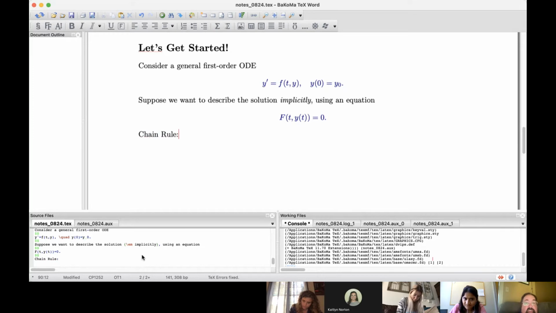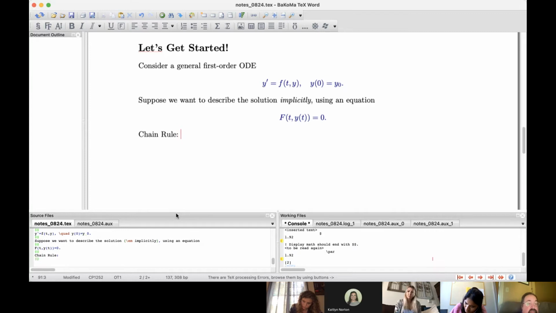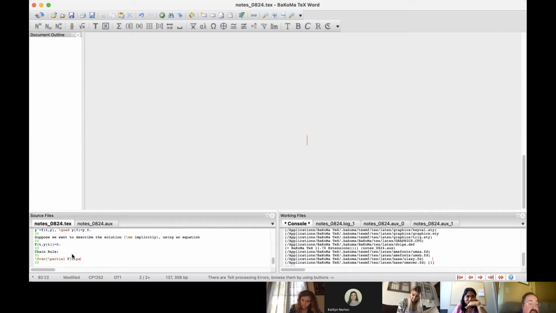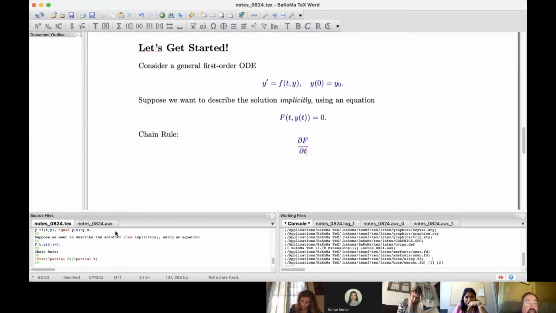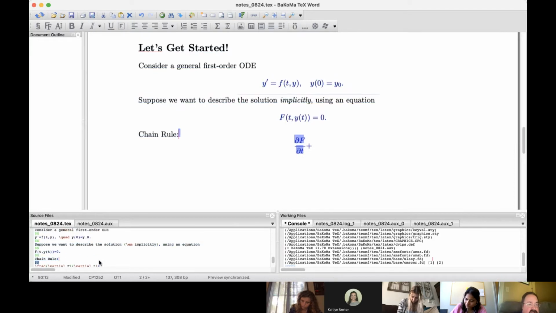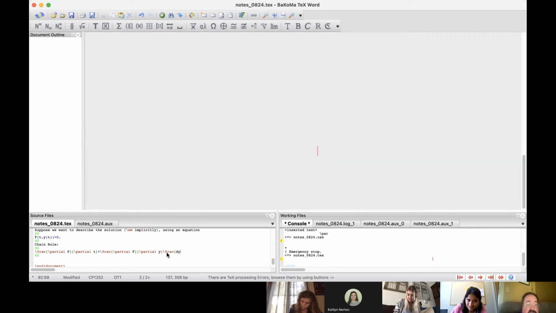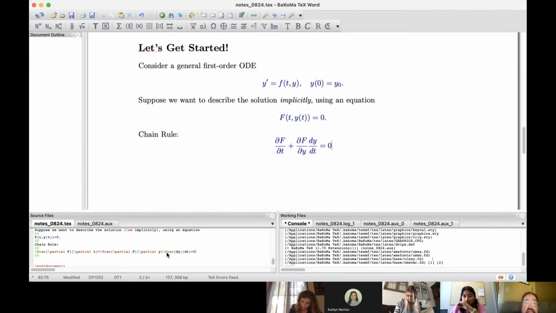So then, if I apply the chain rule to this, what I'm going to have is, okay, partial F with respect to t plus partial F with respect to y times dy/dt equals 0. Okay.